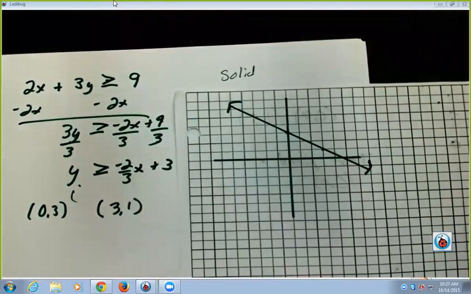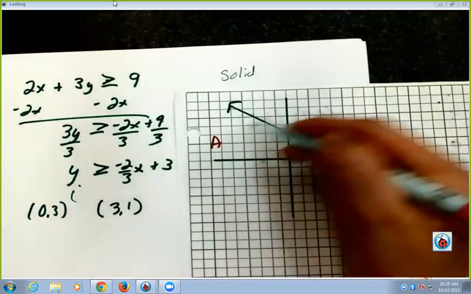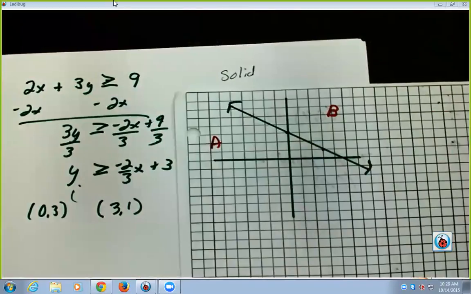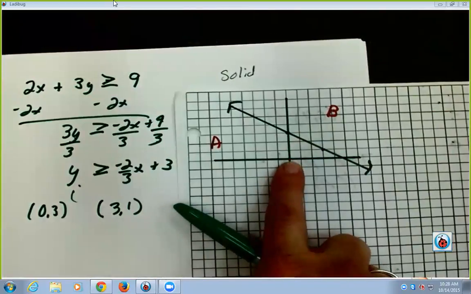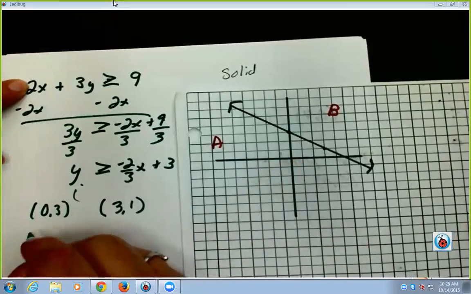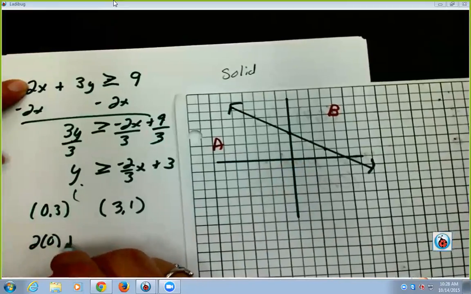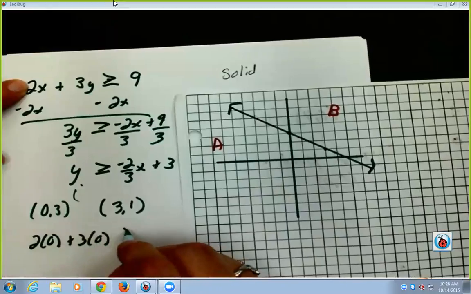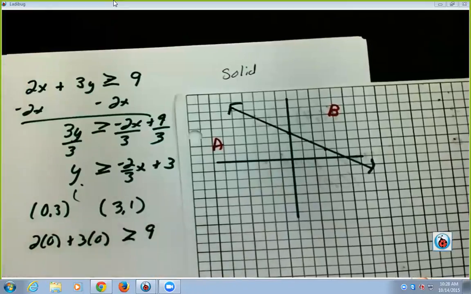And then, what side gets shaded? Do I shade side A, or do I shade side B? So, test point, 0, 0. Plug it into the original one. So 2 times 0 plus 3 times 0, is that greater than or equal to 9?